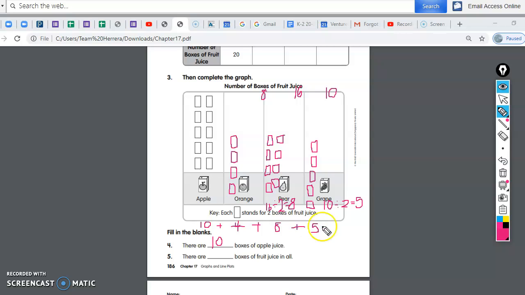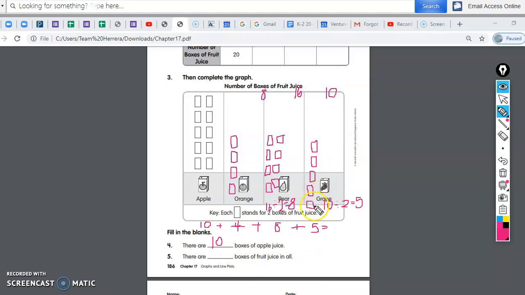Okay, if I add them all together, I have 10 plus 4 is 14. 14 plus 8 is 22. And 22 plus 5 is 27.